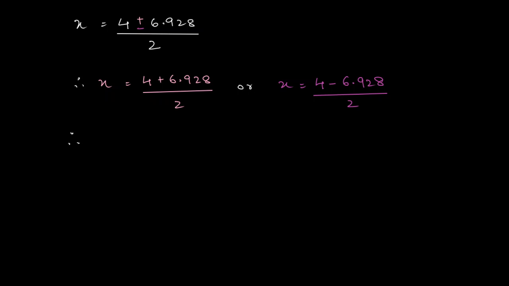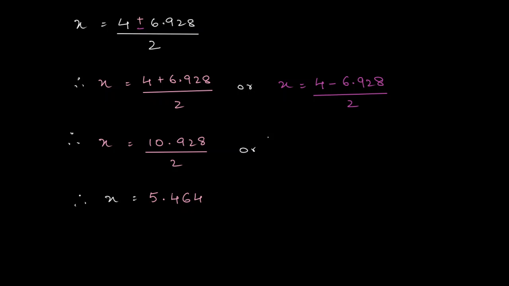So now let's solve the first equation first. So x is equal to 4 plus 6.928 is 10.928 upon 2. So that gives me a value of 5.464. If I divide 10.928 upon 2 is 5.464.